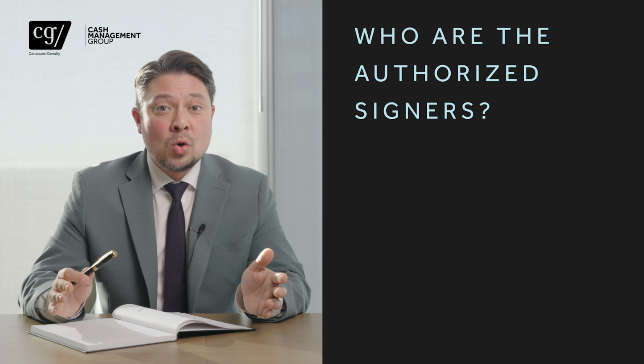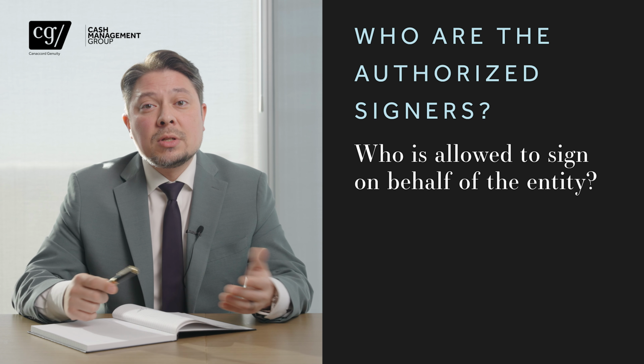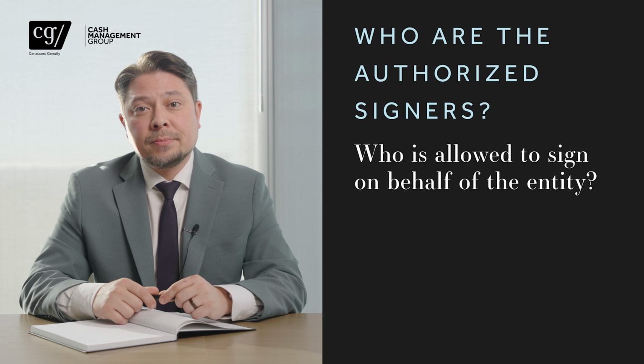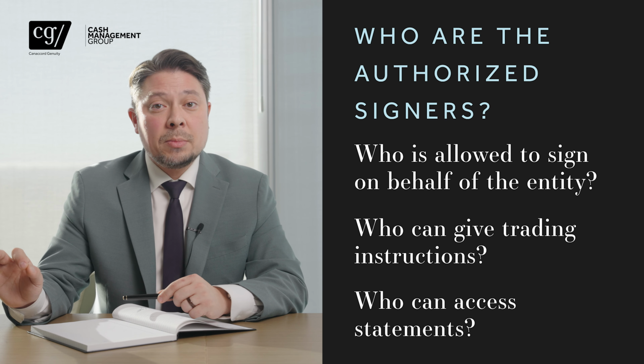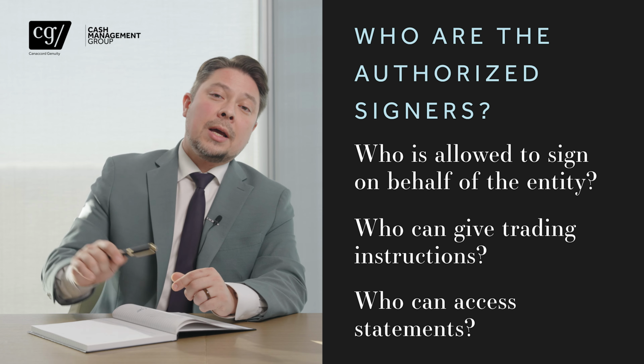They also need to know who the authorized signers are, who, effectively, is allowed to sign on behalf of that entity, who can give those trading instructions, and who can access the statements. On top of that, there are compliance documents, like account application forms, agreements that explain fees and responsibilities and how the account will be managed. And there are disclosures about risk and how data is used.